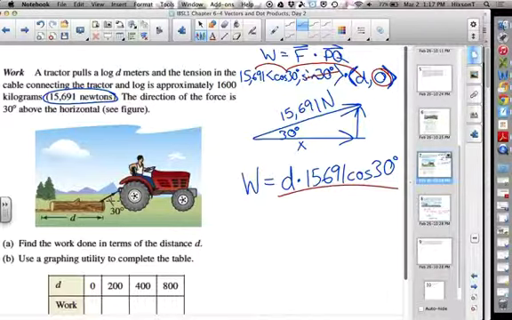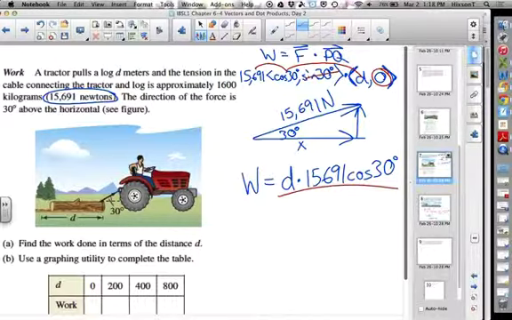How do you find the PQ? PQ is your displacement. How far does it move? It's not moving up or down at all. In this case, the 1600 kilograms really is irrelevant. What we really care about is the actual force, the 15,000.